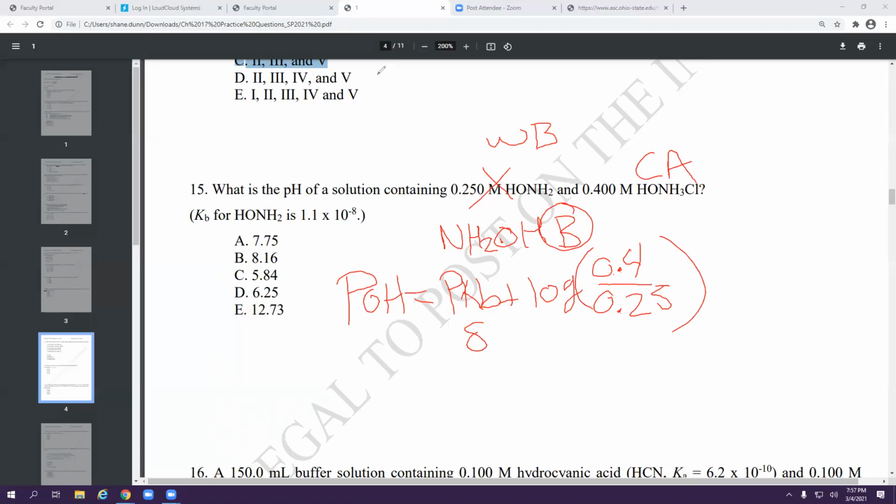That will give you the 8.16 for POH. And then you'll solve for pH, which is 8.16 minus 14. I messed up, I do apologize. This right here is a weak base, not a conjugate base. So for that one, you did put the 0.4 and the 0.25.